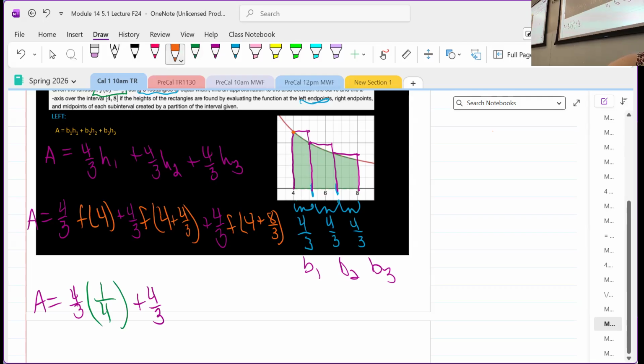Now let's see. 4 plus 4/3 is 12/3 plus 4/3, 16/3. So I have 1 over 16/3 plus 4/3 times 1 over 20/3.